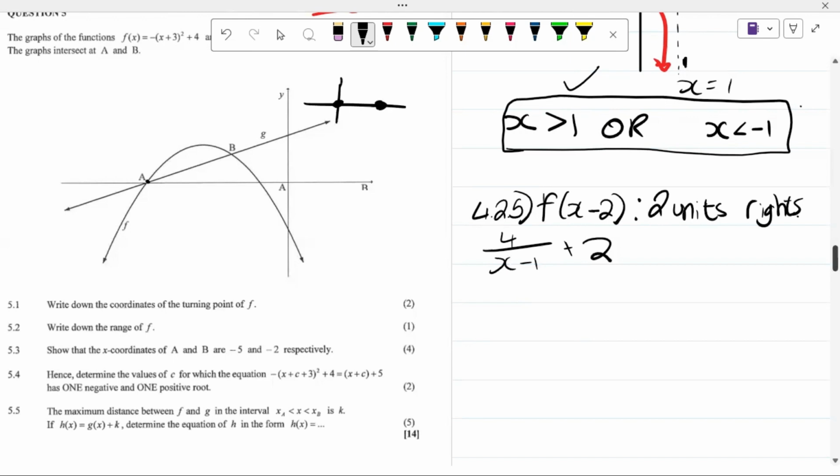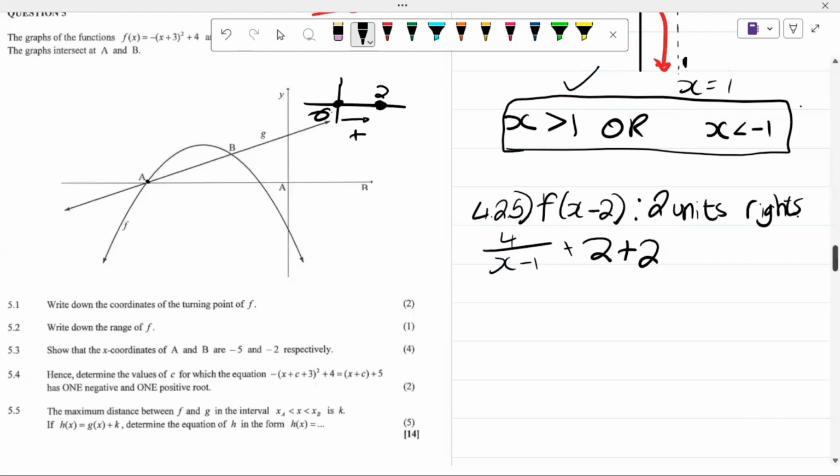To move to positive 2, am I going to add or subtract if I'm moving to the right? Adding, right? So in my graph, I'm going to add 2.